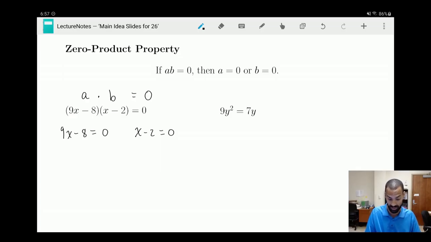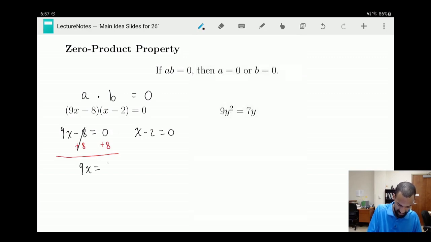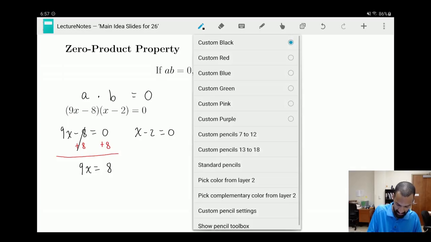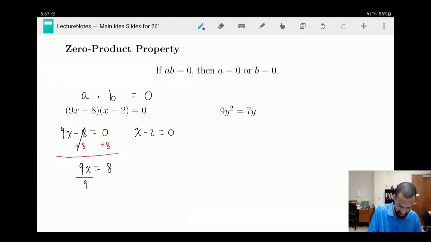And I can solve them pretty quickly. 9x minus 8. Okay, I will add 8 to both sides. That will give me 9x equals 0 plus 8 is 8. Then divide both sides by 9 and get 8/9.